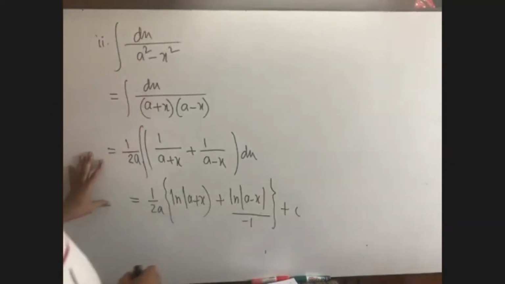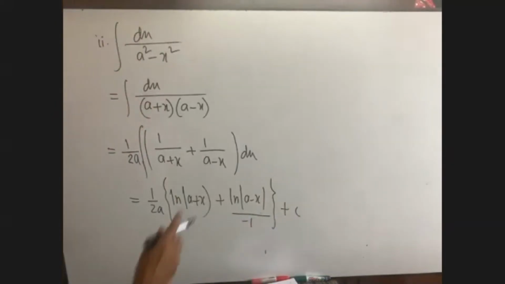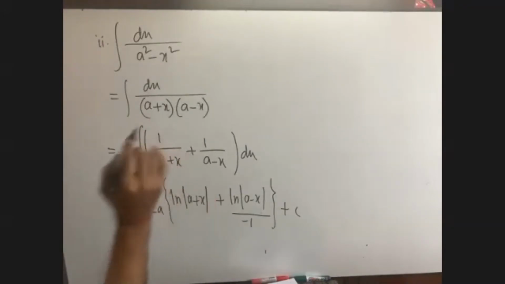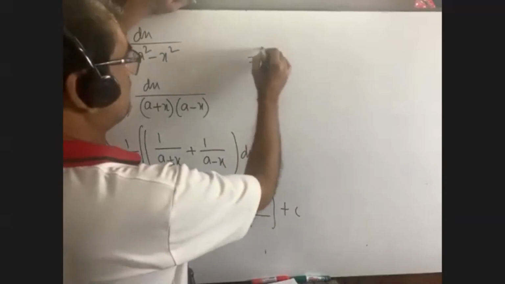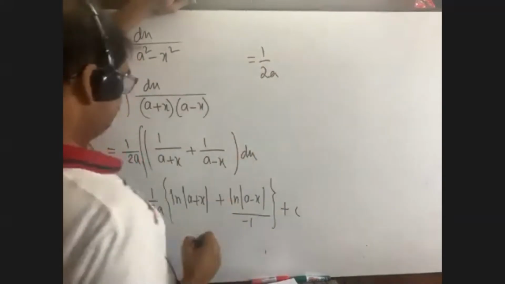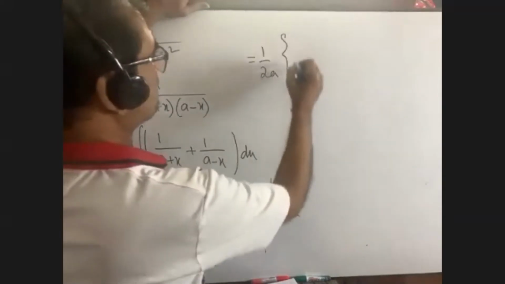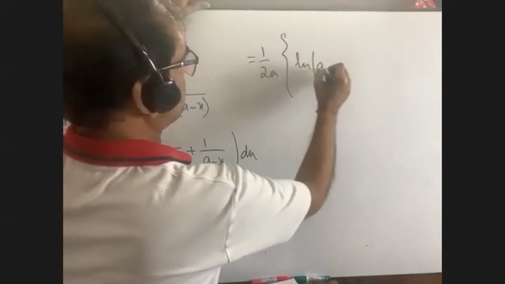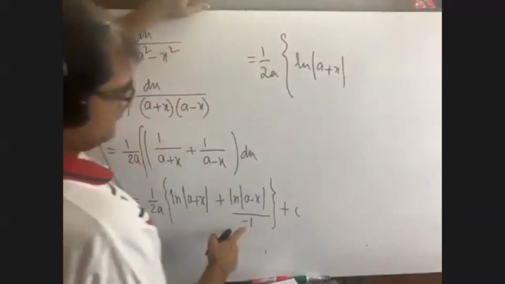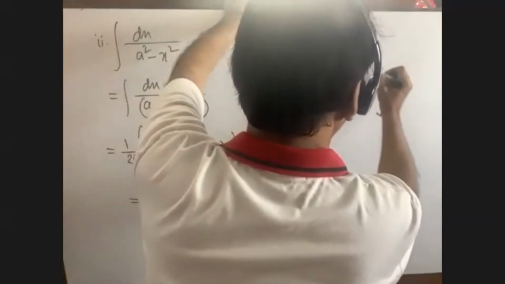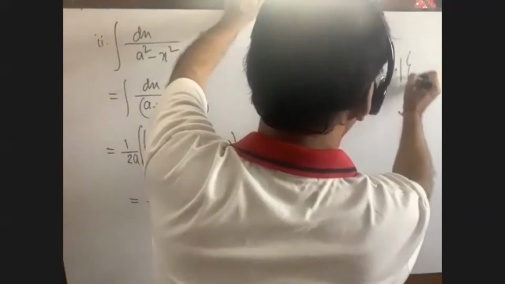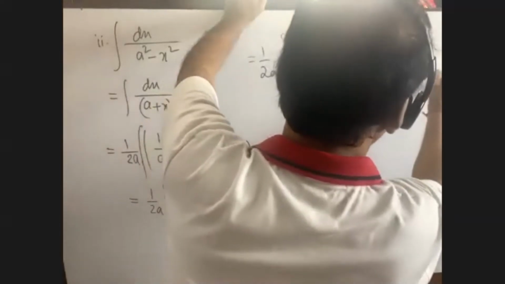Let me know where you have failed to understand. It is the absolute value sign. Okay, now we can write here 1 by 2a, ln |a plus x| minus ln |a minus x| plus c.